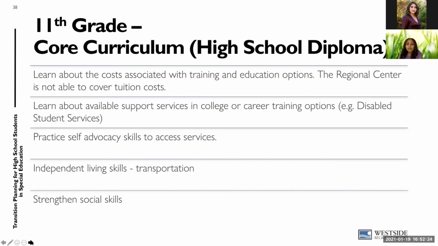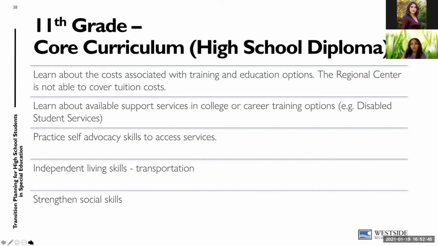Independent living skills. Some kids are going to want to live on campus in colleges. So, what are things that you need to know to be able to live with other people? Keeping your room clean, making sure your hygiene is good, and different things.